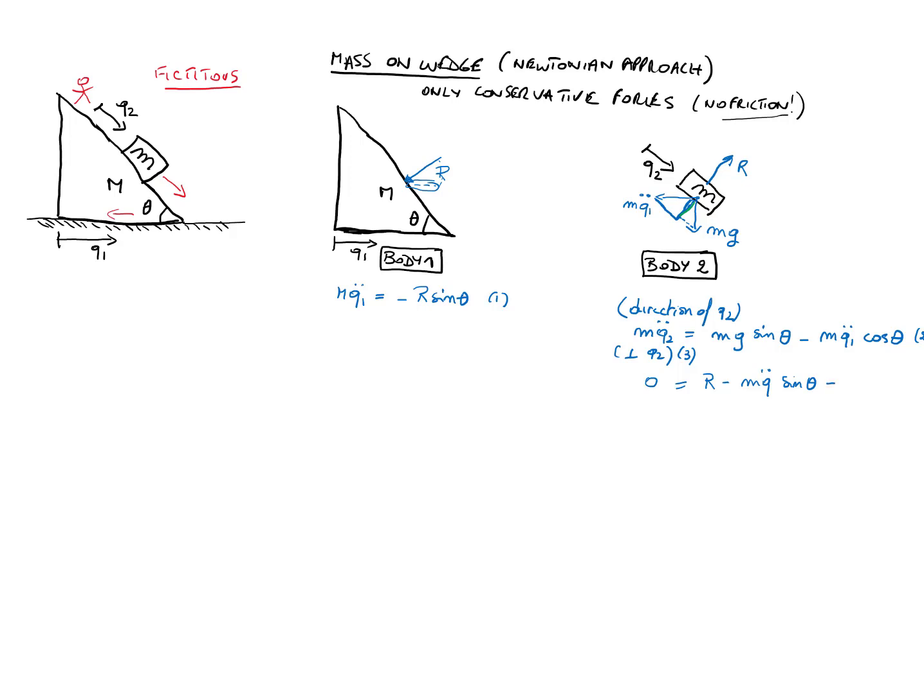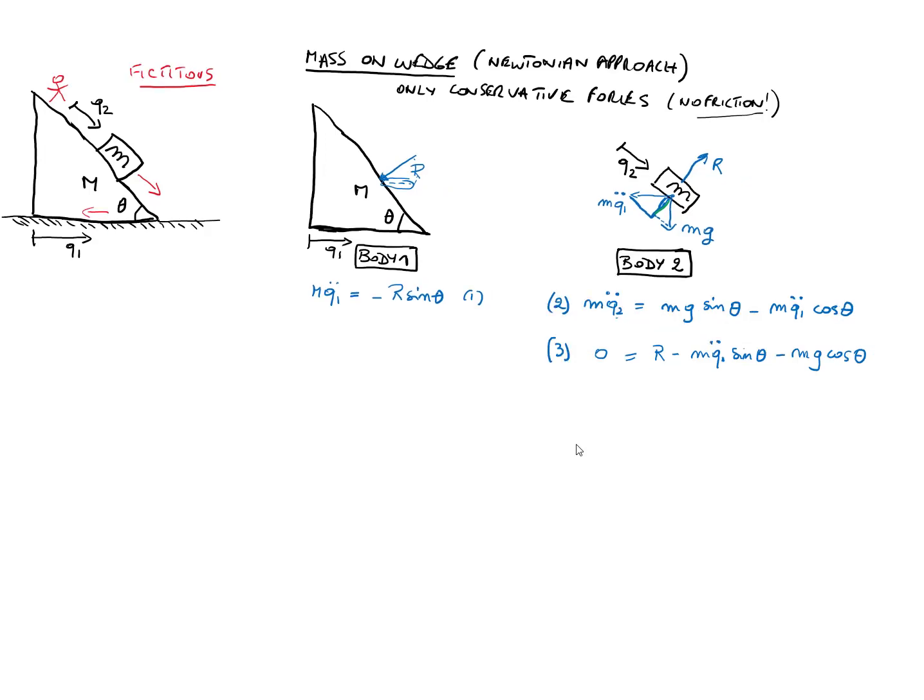And then we have something from gravity, mg, we had a sine there, it will be a cosine now. And we arrive at this third equation, right? So now we have obtained three equations, and we can start by eliminating things.